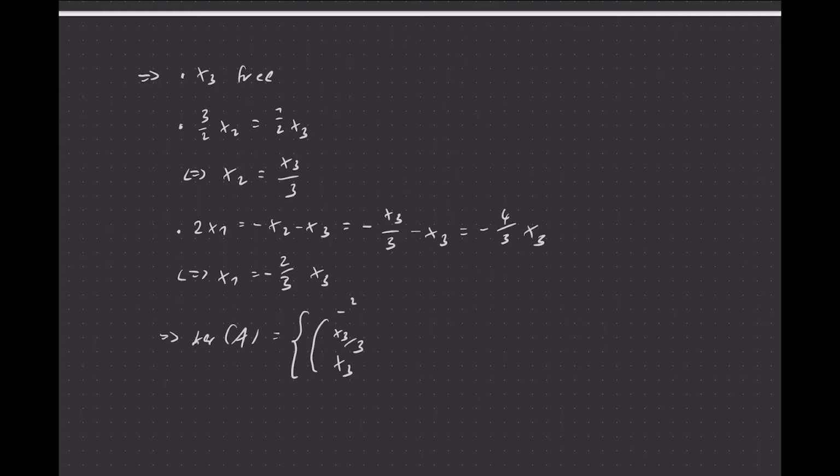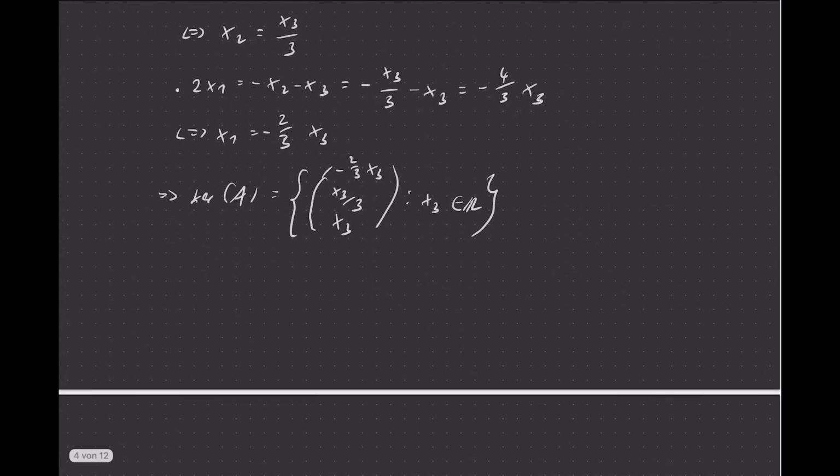That is minus 2 over 3 x3, like this. x3 in the reals. So in other words, this is the span of minus 2 over 3, 1 over 3, and 1. So as you can see, the kernel is again a subspace of R3.